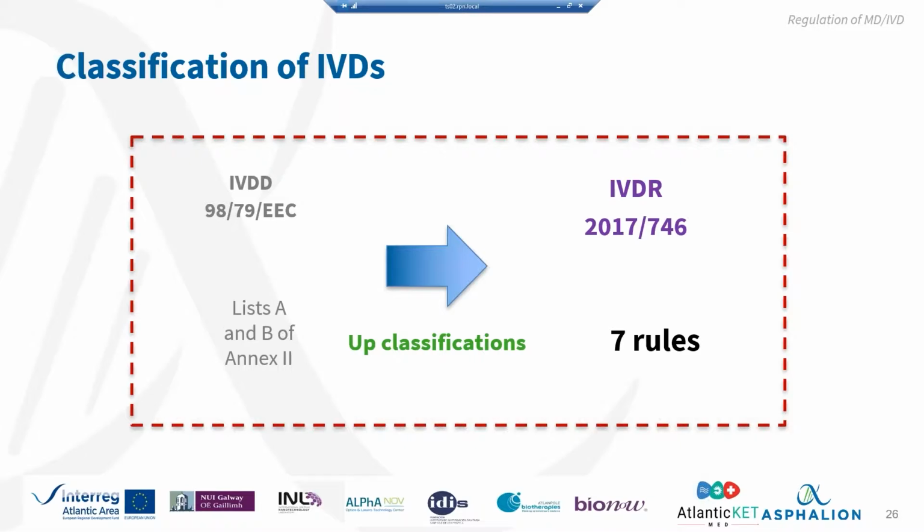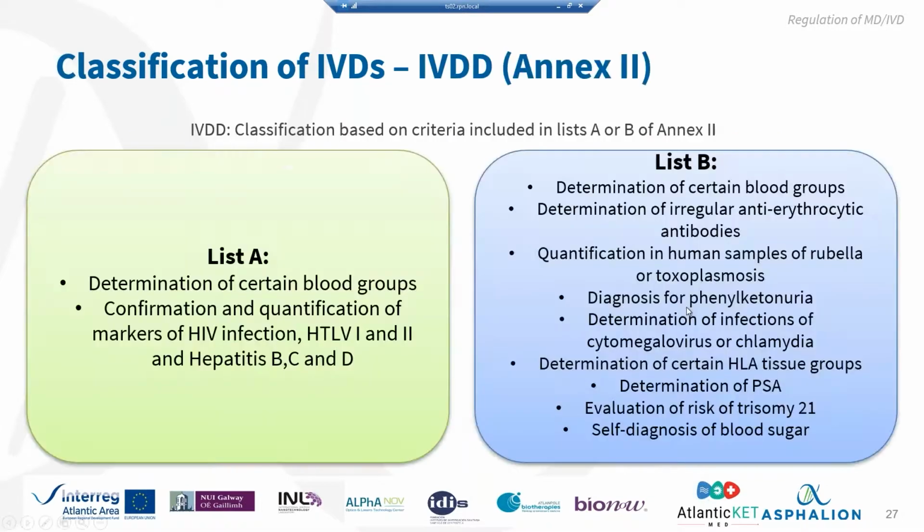So, for instance, in the IVDD, we had these two lists, list A and list B, which listed certain devices. We can see here that list A included in vitro diagnostic devices for the determination of blood groups or confirmation and quantification of markers for diseases such as HIV or hepatitis.